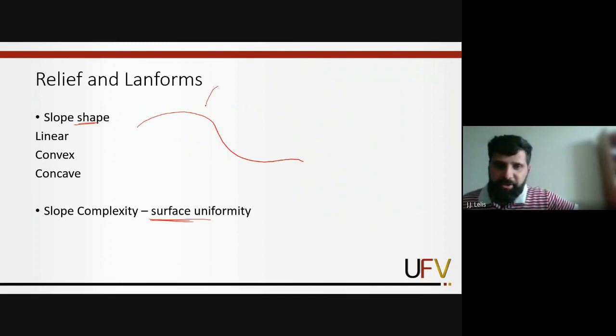In this region, I found a convex shape that favored the infiltration of water and a low surface runoff. And here I have a concave shape that induced the concentration of water on the surface and a low quantity of infiltration. So it's quite common to find two or more shapes in a slope.